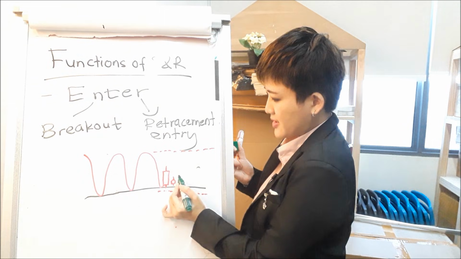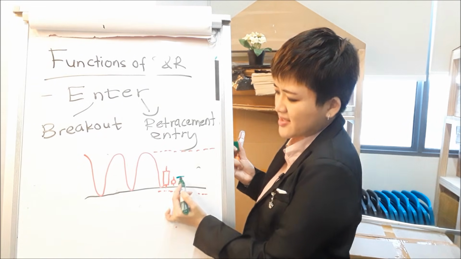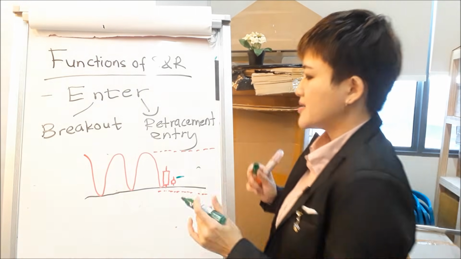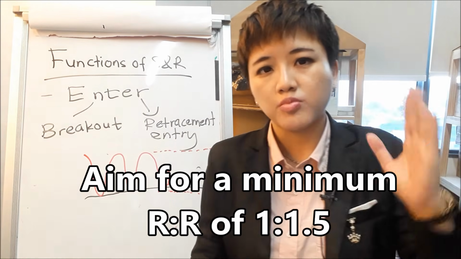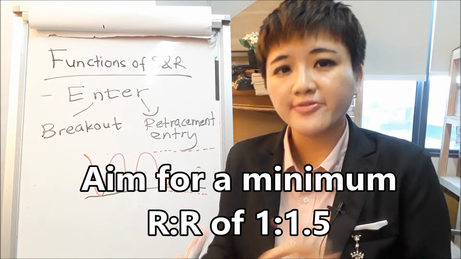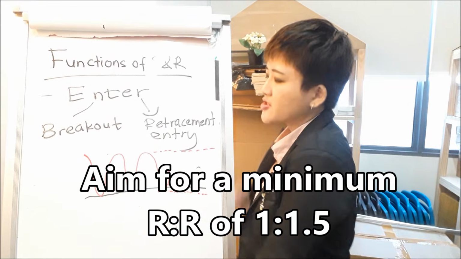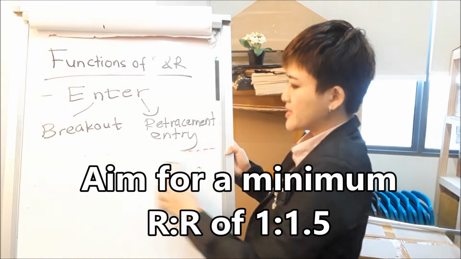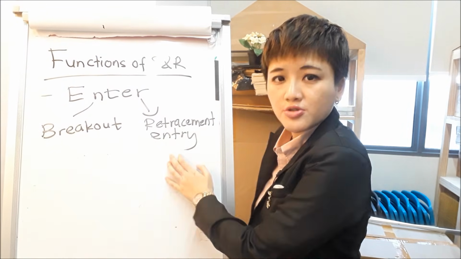Normally what traders will do is they're going to enter somewhere here, maybe slightly higher than the bullish Harami, and then aim for a risk to reward ratio of 1:1.5 minimum, or 1:2.